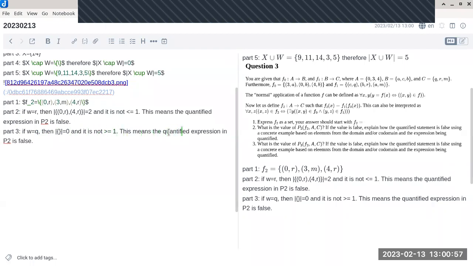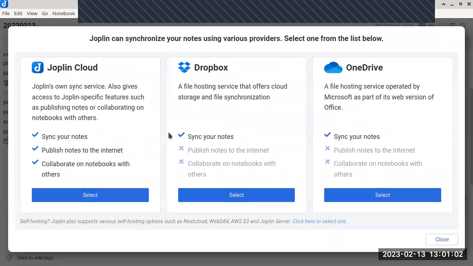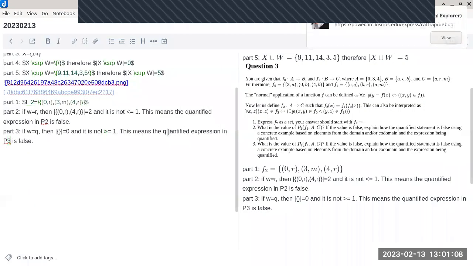This means the quantified expression in P3 is false. So that means your F2 is a function, but it is neither injective nor surjective. It is a function, but it's not injection. It is not surjection.